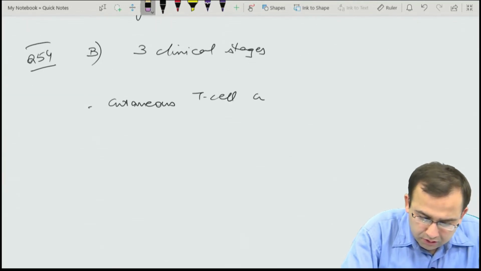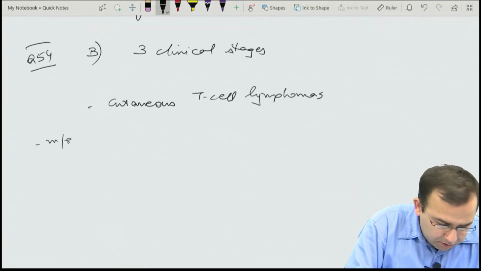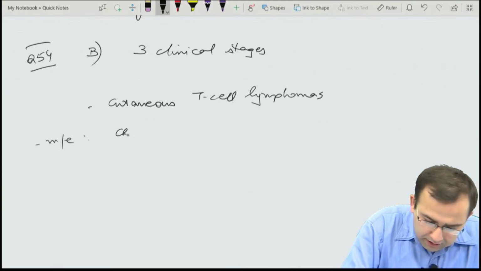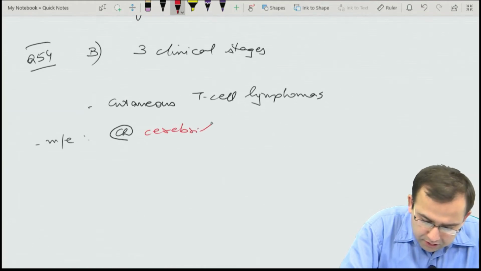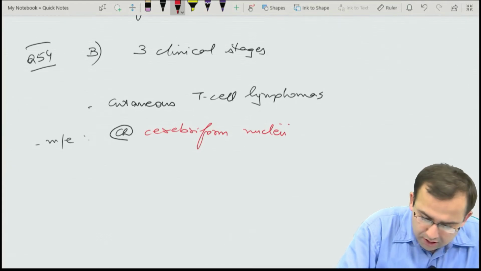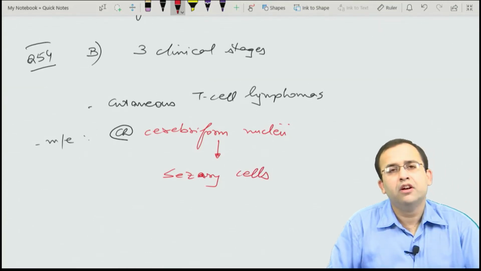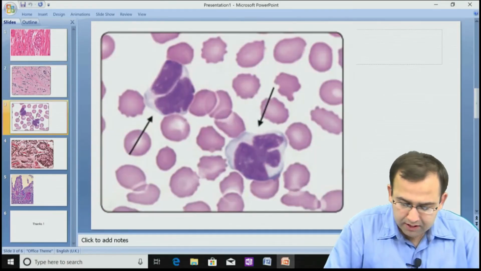Microscopically, they are associated with the presence of characteristic cerebriform nuclei, brain-like nuclei, called Sézary cells.